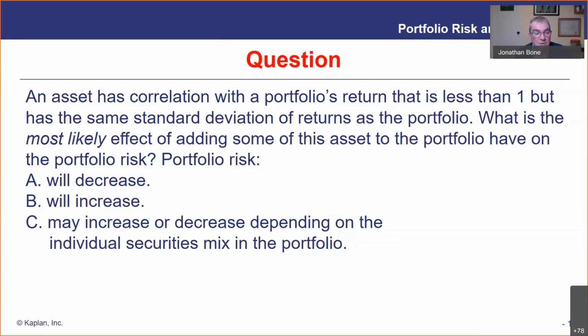But that's not true, because of the less than perfect positive correlation. So when I combine an asset that has the same risk, but is less than perfectly positively correlated with my existing portfolio, overall my portfolio risk will decline. So we're looking for a decrease.